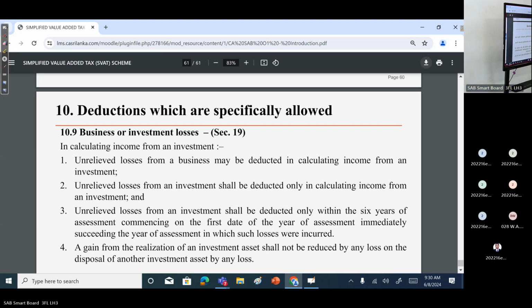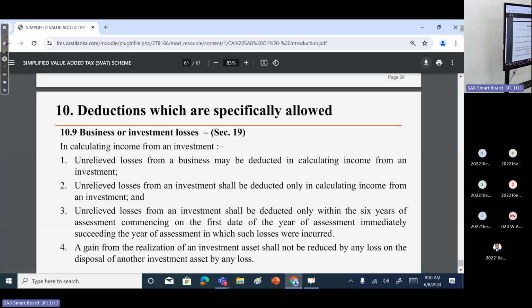It says gain from the realization of investment asset shall not be reduced by any losses. We cannot set off any losses, even if that loss is coming from the disposal of an investment asset, we cannot set off that loss as well.